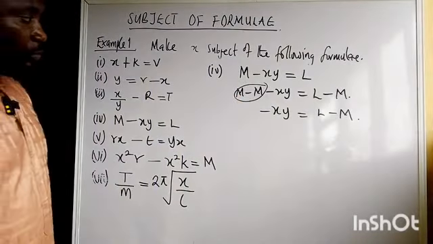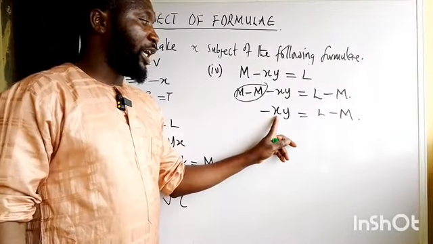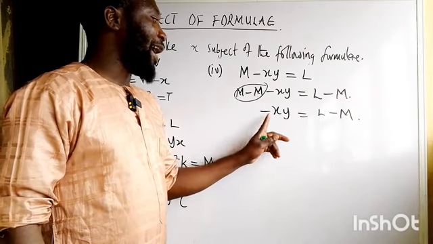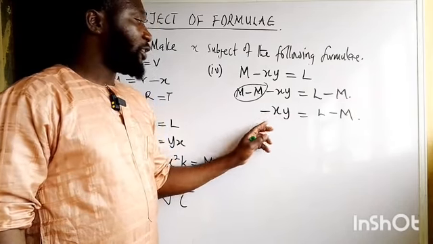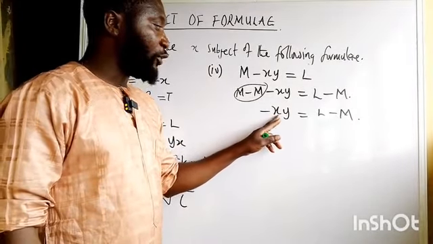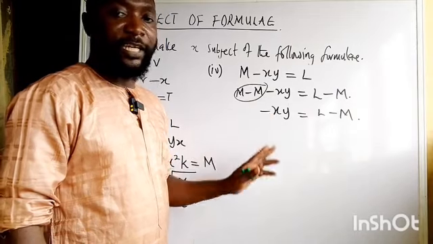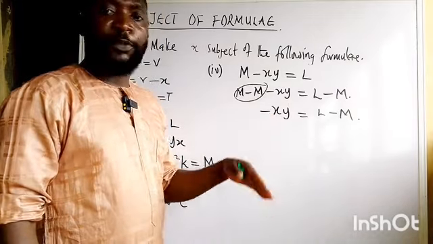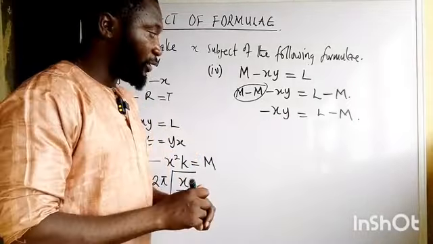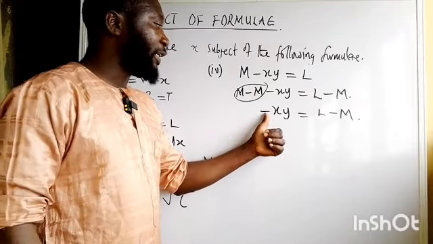Now what else do we need to do? We want to make x the subject. We need to remove both y and the negative sign. Since these two are joined to x by a multiplication sign, and the opposite of multiplication is division, you have to divide both sides by negative y.